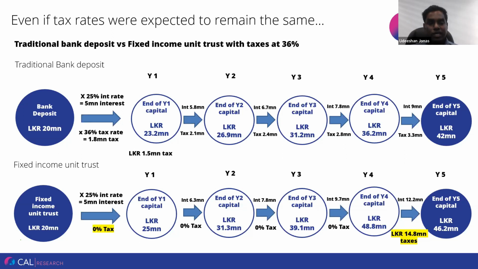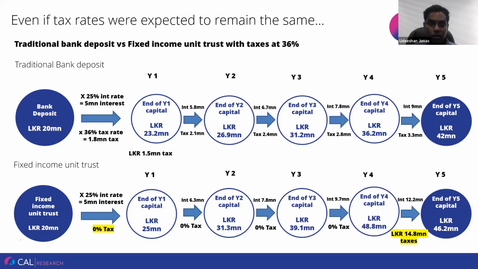So you're postponing that interest. That tax component is being reinvested in the fund, and that's also earning interest. By doing that, in year 5 your capital will be 46.2 million, still way greater than what you would earn on a bank deposit, right?